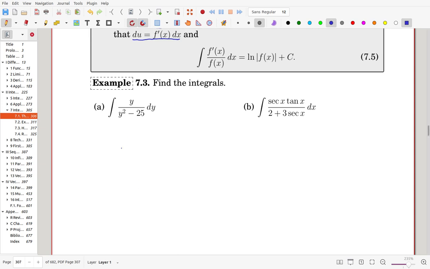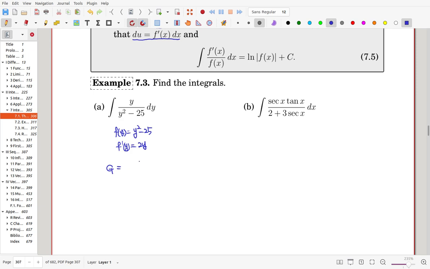Okay, here, if we consider this as f of u, then that is now a constant multiple of f prime of y. Let's say f of y equals y squared minus 25. Then f prime y is the same as 2y, so that y dy is half of that. We can write it in this way.